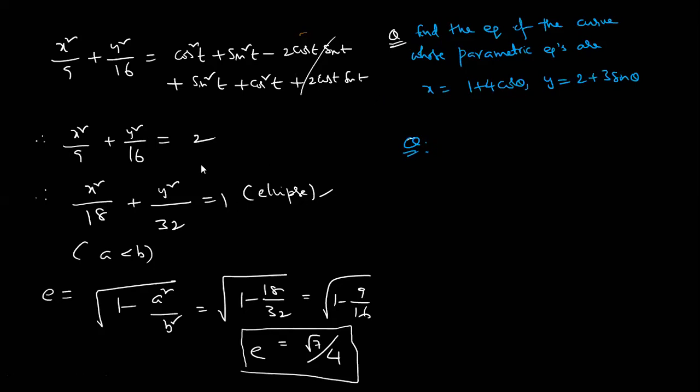Yes, the rest, see, divided with 2 on both sides. Then what are you getting? What is the formula coming? x square by a square plus y square by b square is equal to 1. That is the standard form of the ellipse. That's what, divided with 2, is equal to 1. That is the equation of the ellipse.